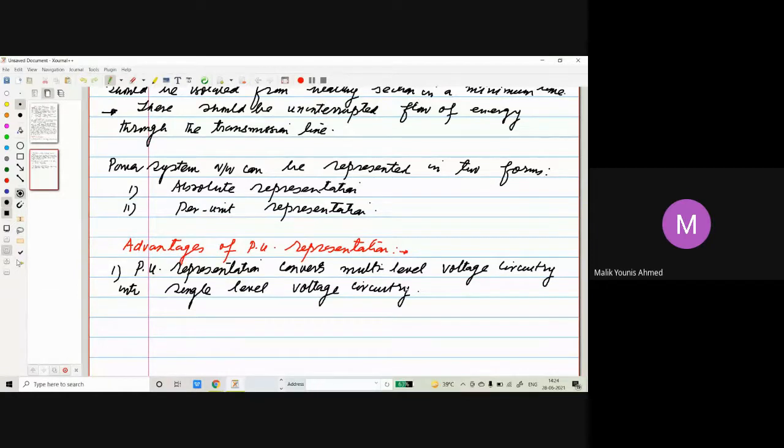I told you I can provide an example like this. See, this is your power system. Then we can have a transformer like this.